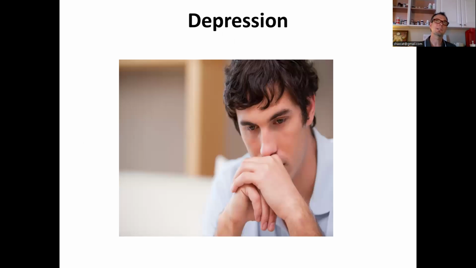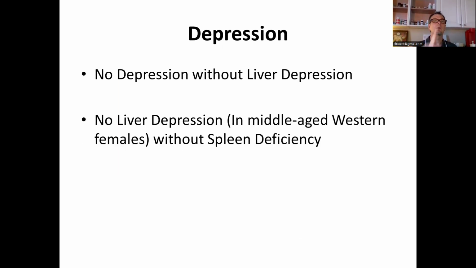Depression. We see this a lot too, everywhere. No depression without liver depression. Once again, the star of the show is the liver, right? And then no liver depression in middle-aged Western females without spleen qi deficiency.